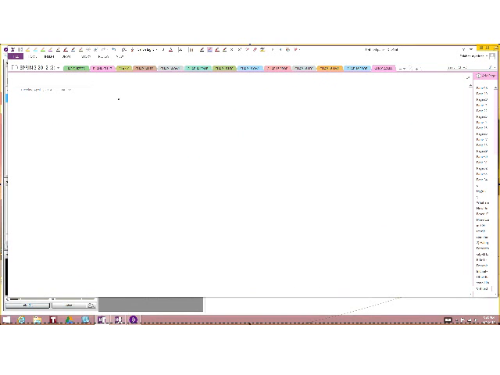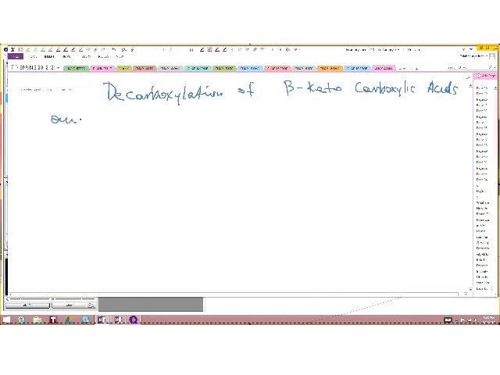So I'm going to title this decarboxylation of beta keto carboxylic acid and beta dicarboxylic acid.